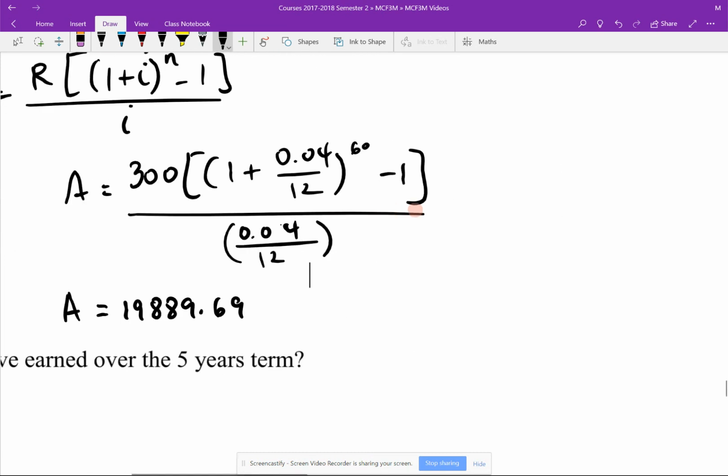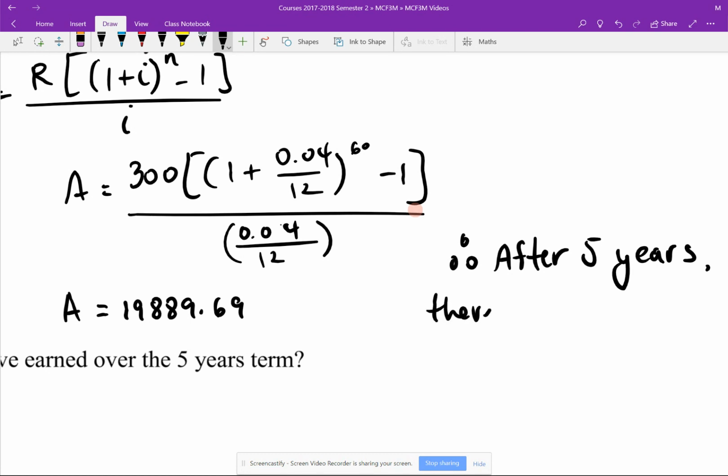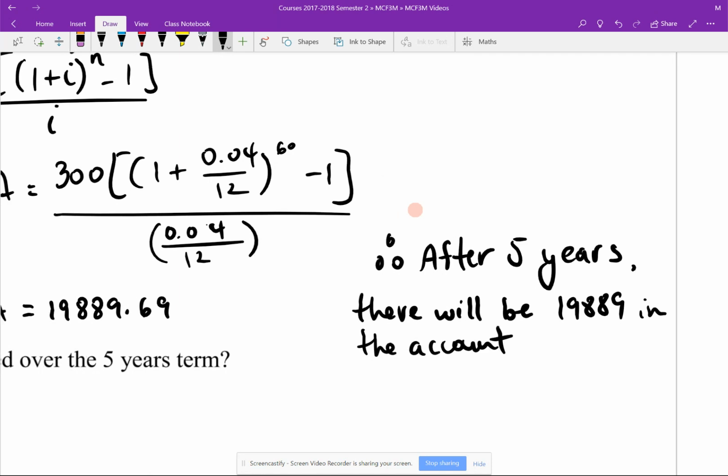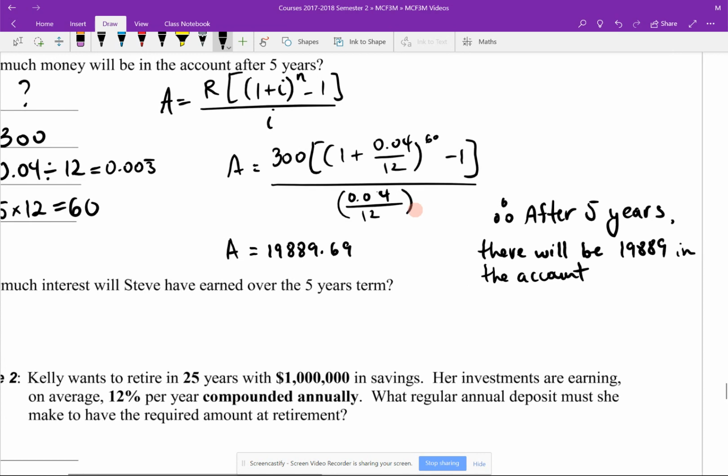So therefore, after 5 years, there will be $19,889 in the account. Not bad, right? For depositing $300 a month. So how much interest is that?